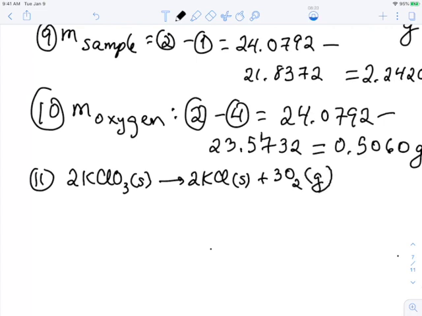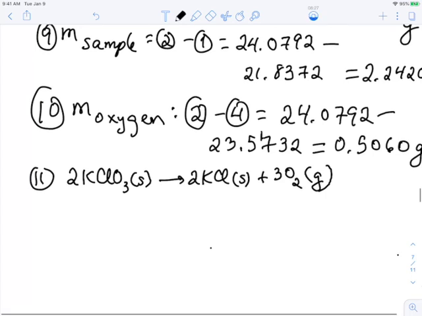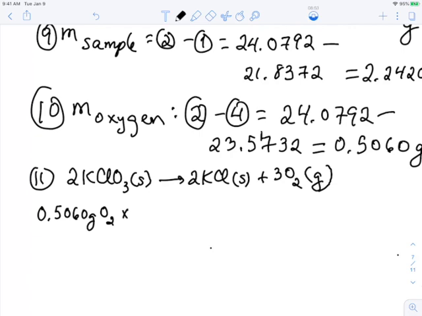Now, this tells me that for every 2 moles of potassium chlorate that decompose, 3 moles of gas are produced. So I'm going to use that ratio, but again, like in stoichiometry, we have to do this transaction in moles, but the units that we've been given are in grams, so we had to do the conversion. So starting with 0.5060 grams of oxygen, we had to convert that into moles.